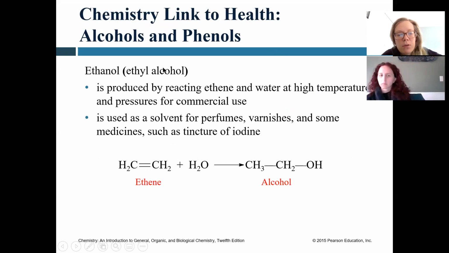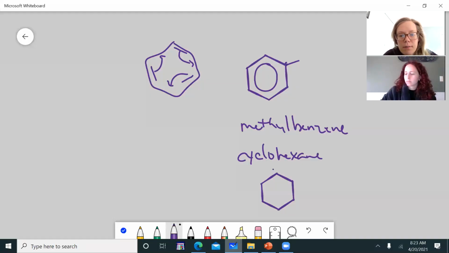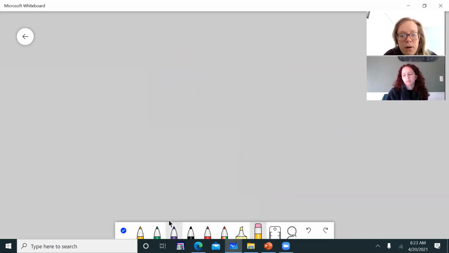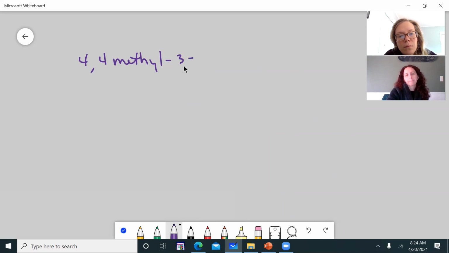I'm going to have you do one going in the other direction. The slides don't give us one, but I want you to draw the structure for 4,4-methyl-3-octanol.